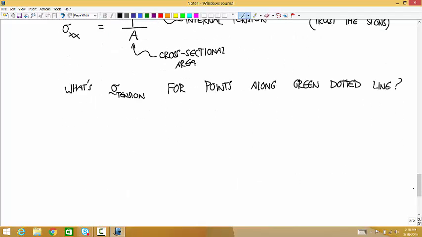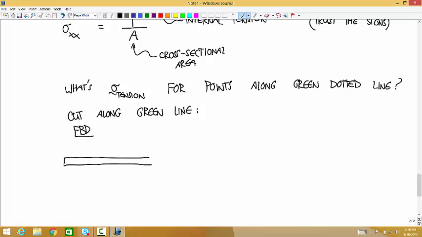Okay, so we're going to do a cut along the green line. So an FBD, free body diagram, looks like this. We're leaving off this part of the beam.